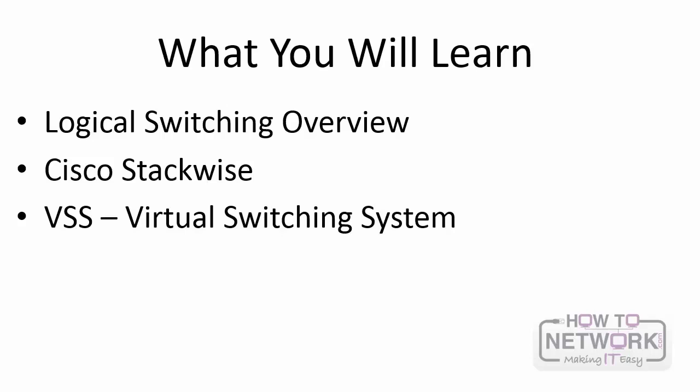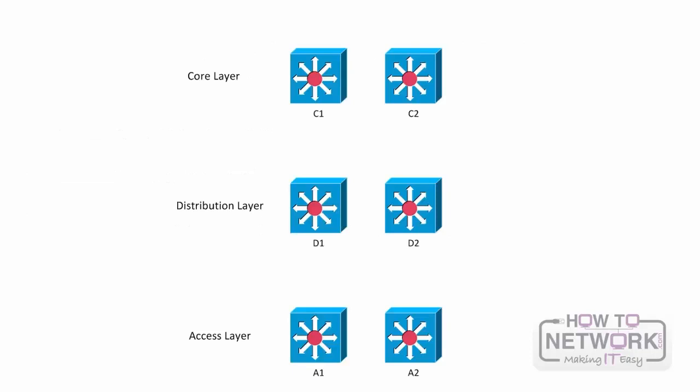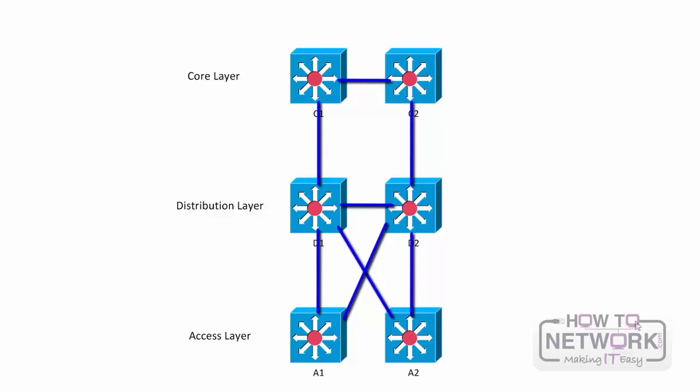Consider the network you have before you. You see two switches in the access layer, two switches in the distribution layer, and two switches in the core layer. They're labeled A1, A2, D1, D2, and C1, C2 accordingly. Now, in a typical network, it's going to be built out with redundancy and high availability.